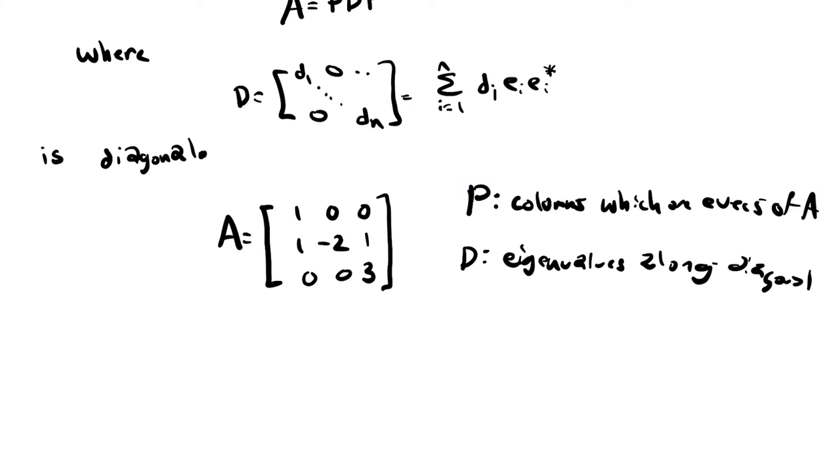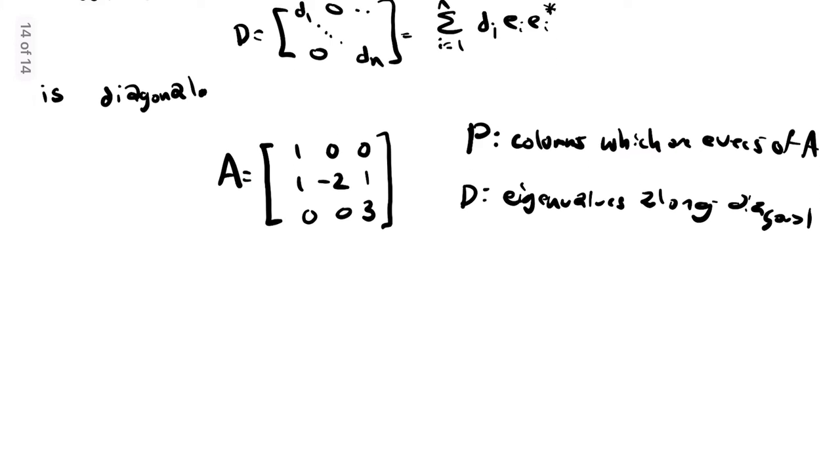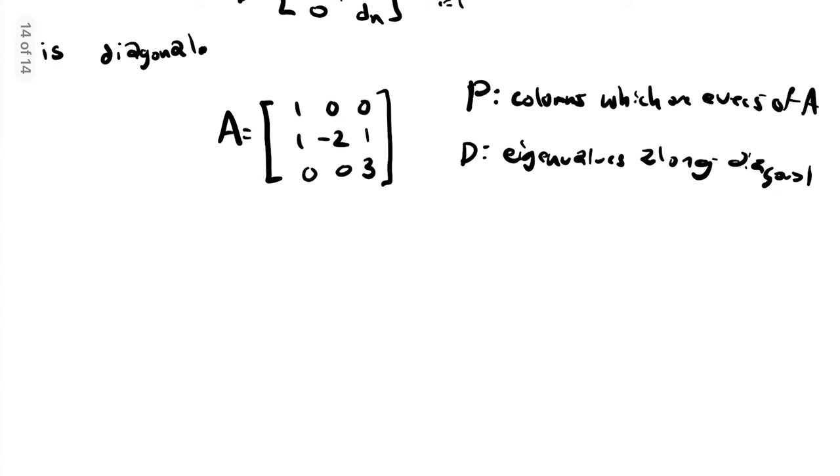So how do you compute the eigenvalues and the eigenvectors of a matrix? Once you know that, you implicitly then have a diagonalization. The way we do that is recall the definition of an eigenvalue and an eigenvector.